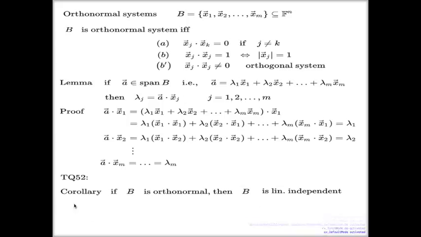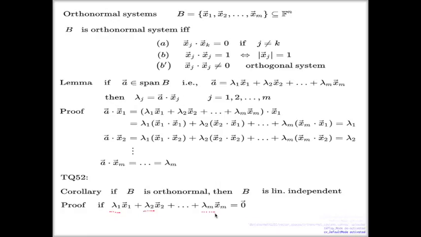Look at this. You start off as usual with linear dependence or independence. You make an assumption that you have discovered m coefficients which make a linear combination 0. In order to convince that this system is linearly independent, you need to show that all of the coefficients must be 0.